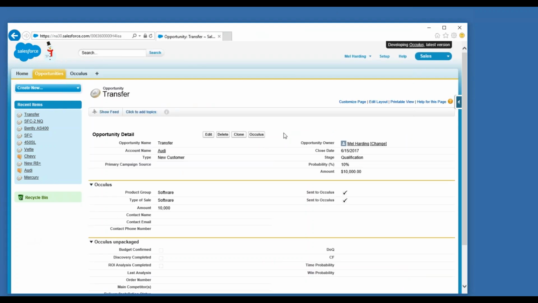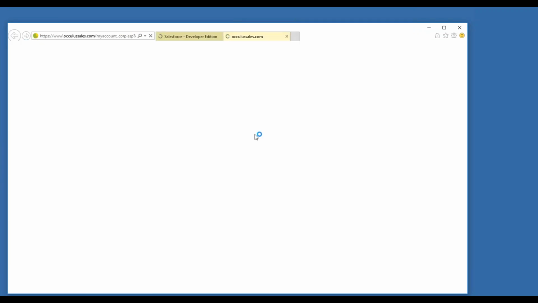So here we are, and I've actually set up the CRM. I'm in my CRM, and I'm just going to go to Occulus. Now, I'm not going to use this one here and be inside the iframe. I'm going to go into it on a different tab.